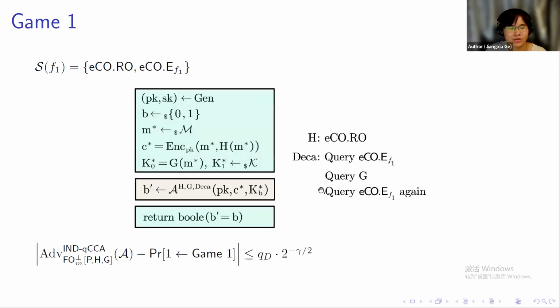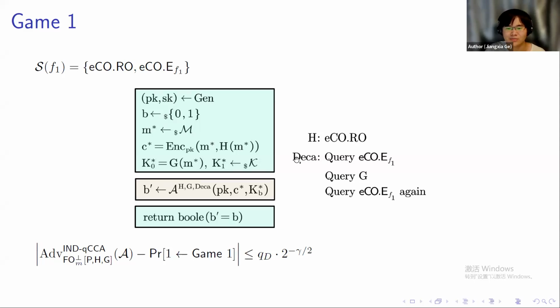Now we introduce Game 1, which is identical to the QCCA game of FO-bot, except that an extractable RO simulator S_F1 is introduced, and the quantum random oracle H is simulated by the RO interface S.RO.